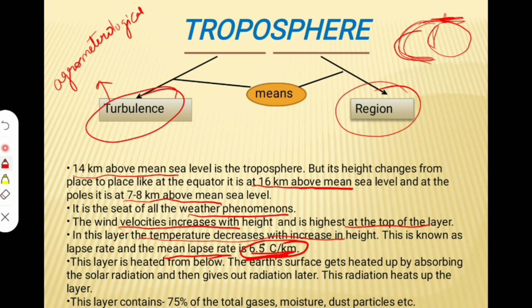This layer, the tropospheric layer, is heated from below. Why? Because this is the Earth's surface, this is the sun, and this is the atmospheric layer.